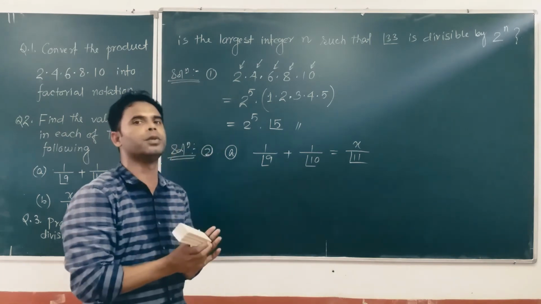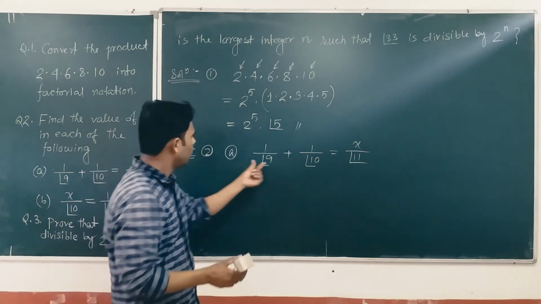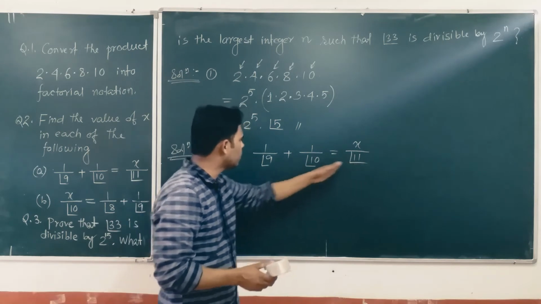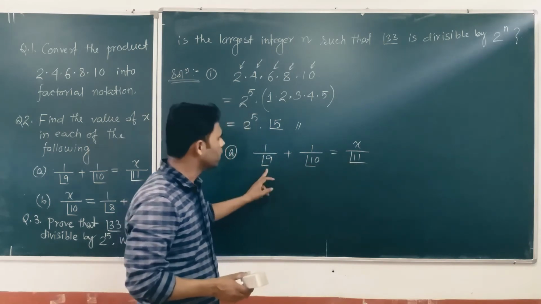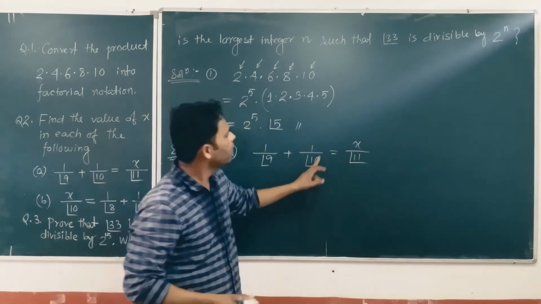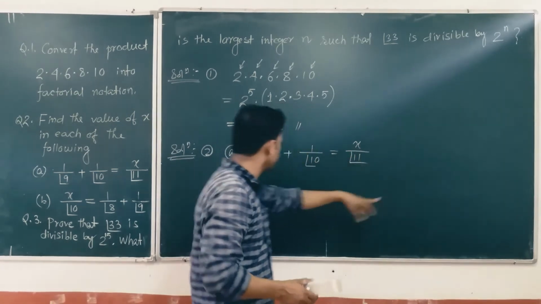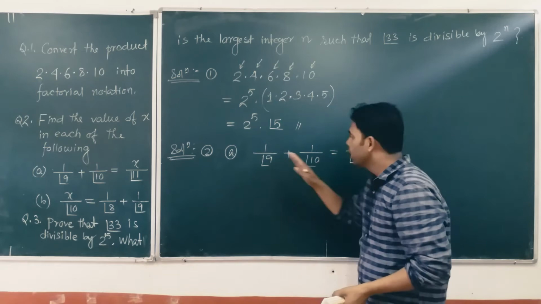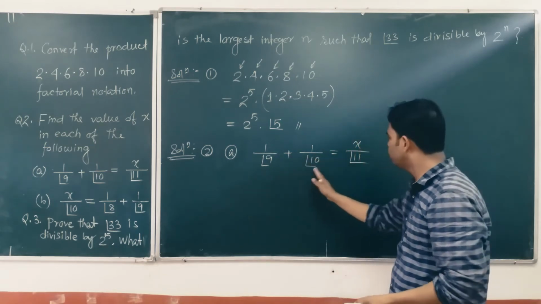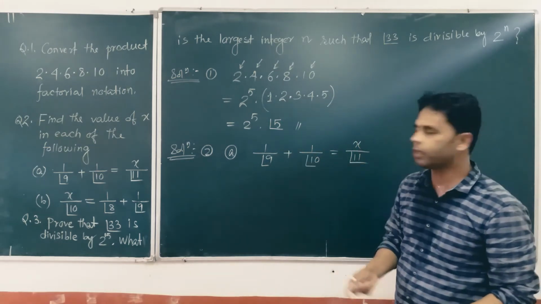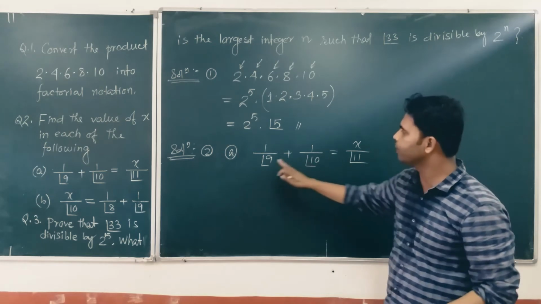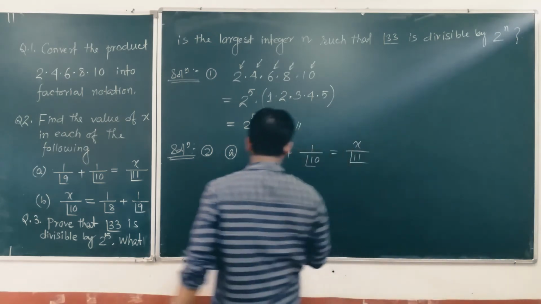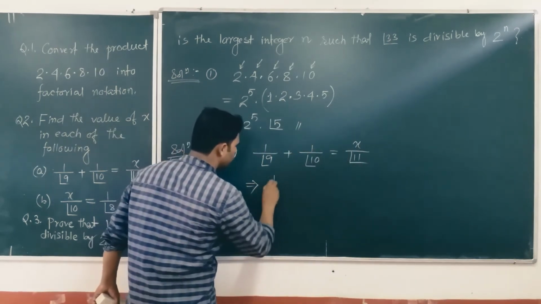Express factorial 10 and factorial 11 in terms of factorial 9, just expressing this one and this one in terms of factorial 9, and that can be done very easily.